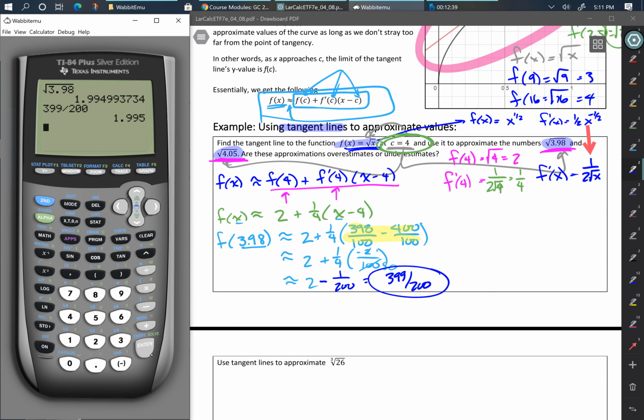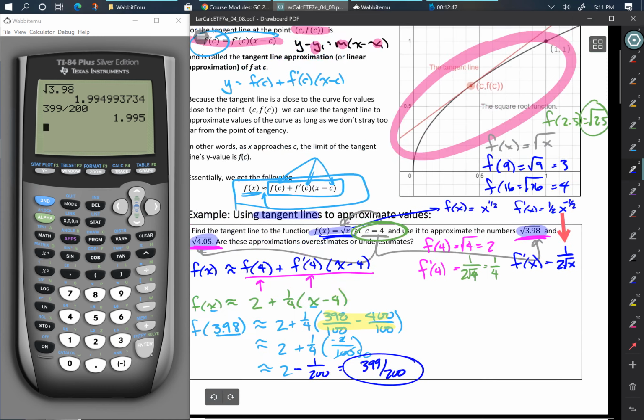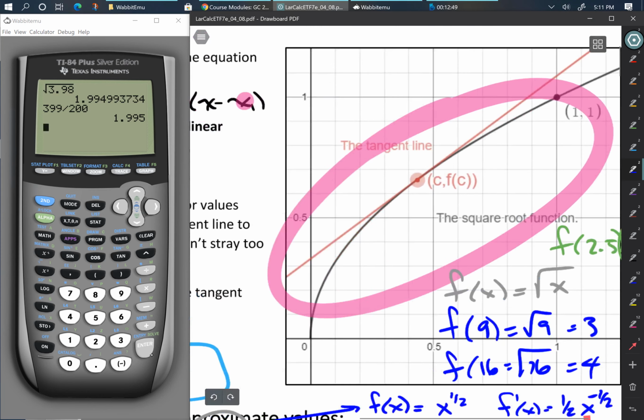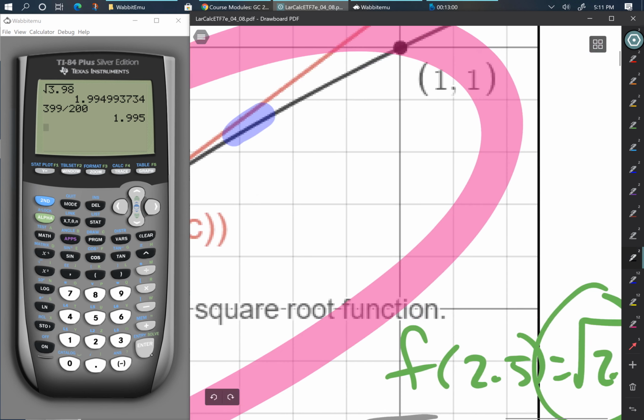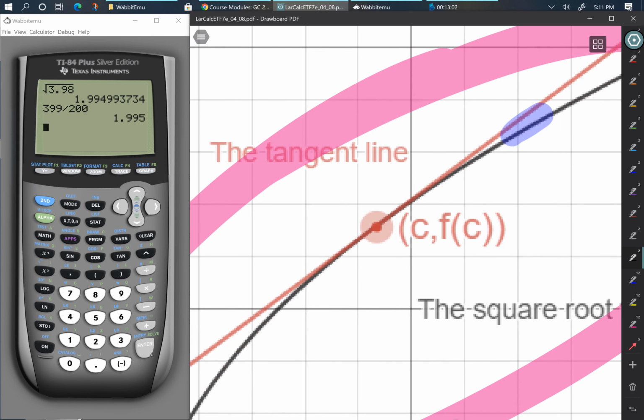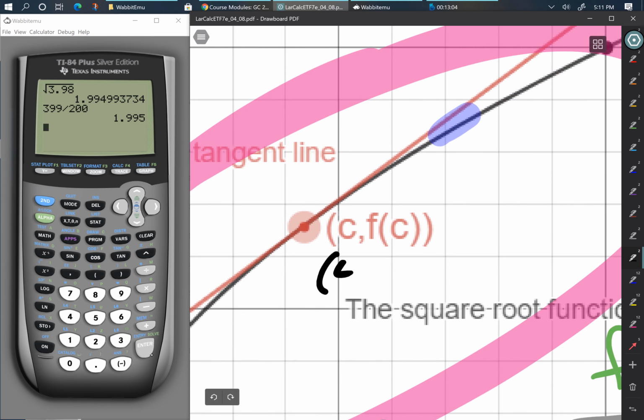Now, as I said earlier, if you didn't think that this was accurate enough, if you want greater accuracy, well, where's the error coming from? The error is coming from how far apart those two things are. I know this is not to scale, but just pretend for a second that this point right here was the point 4, which is the c we're using down here.